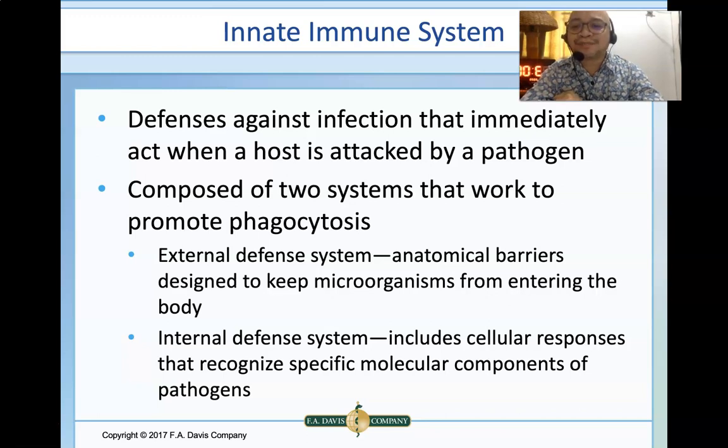Number one is our external defense system, which involves our anatomical barriers designed to keep microorganisms from entering the body. And then of course we have the internal defense system, which includes cellular responses that recognize specific molecular components of pathogens.